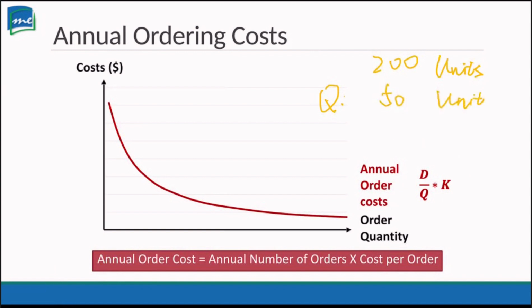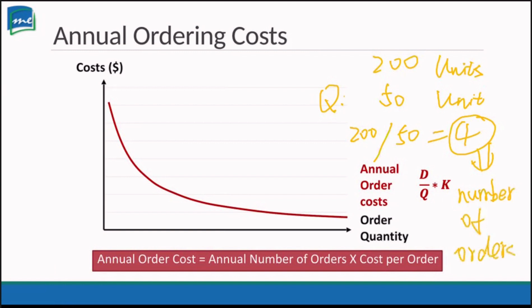So during the whole year, how many orders do you have? We just use 200, this is the demand you need, and each time you can order 50. So you need to place 4 orders here. This is the number of orders.